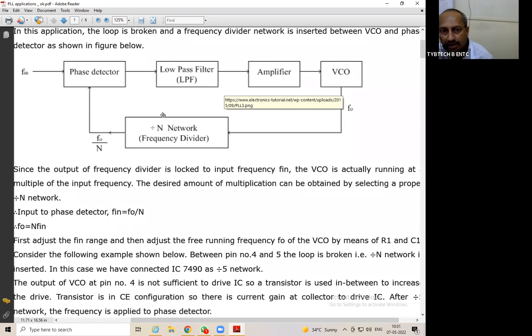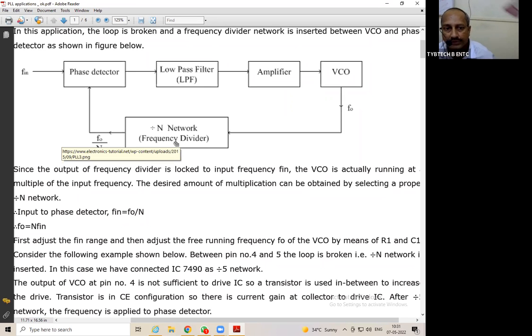It is again sent back to the phase detector, but in between this frequency divider network is used, and it depends on the value of N; the block name is divided by N network. What is the value of this N? It is decided by how much frequency you want at the output. The formula is also given over here: F0 is equal to N into Fn.